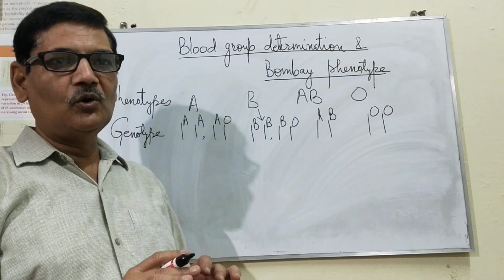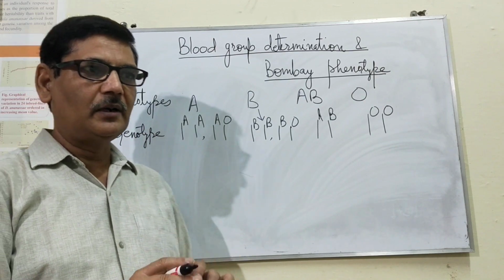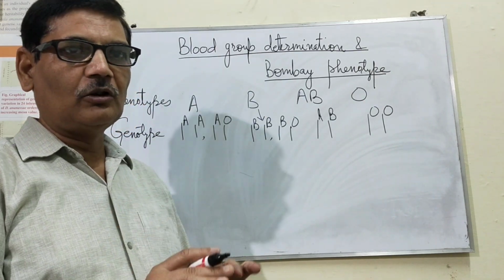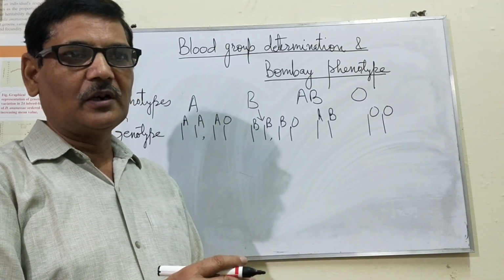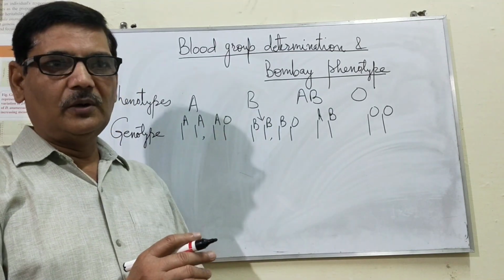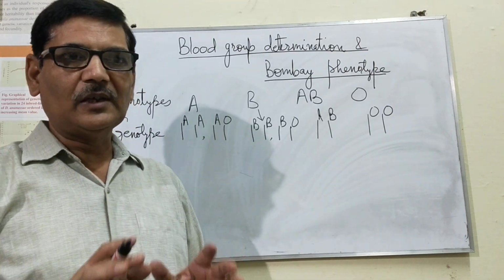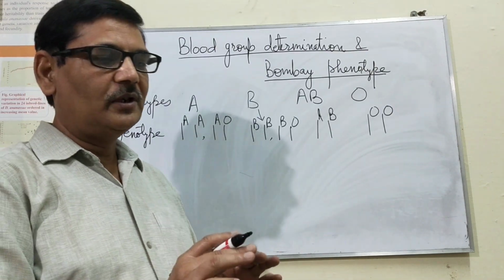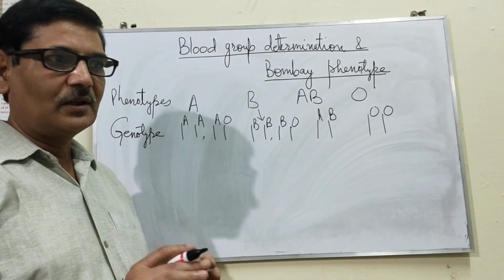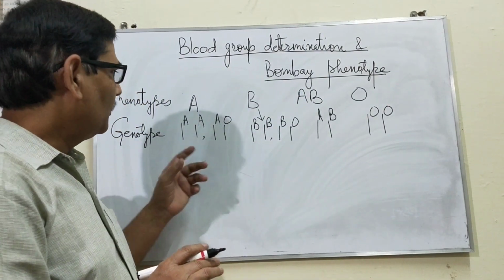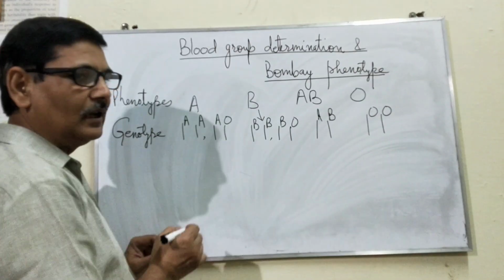And actually this ABO blood group system is quite important because it has pathological significance. While thinking for blood transfusion, these 4 different types of blood group as well as Rh factor are taken care of.